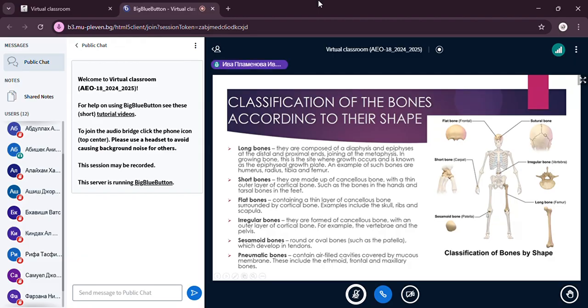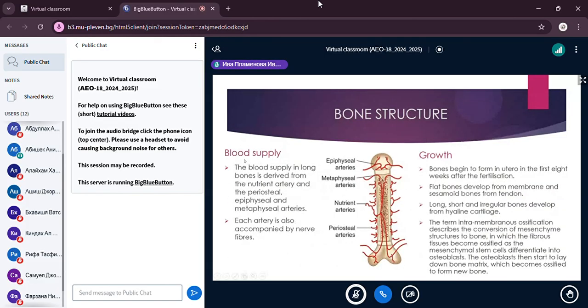According to some authors, we have pneumatic bones, which contain air-filled cavities covered by mucosal membrane. For example, ethmoid bone, frontal and maxillary bones. Of course, blood supply.